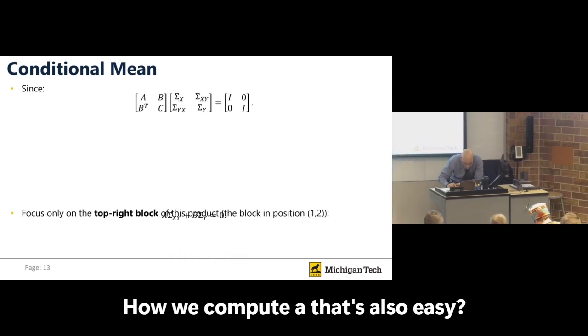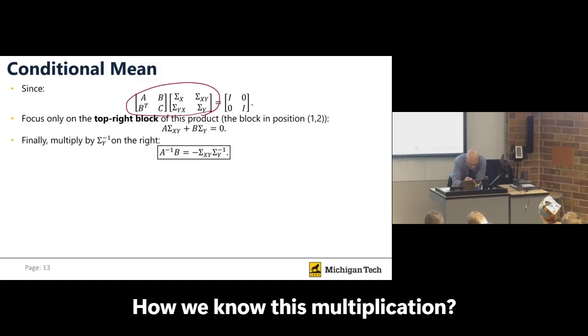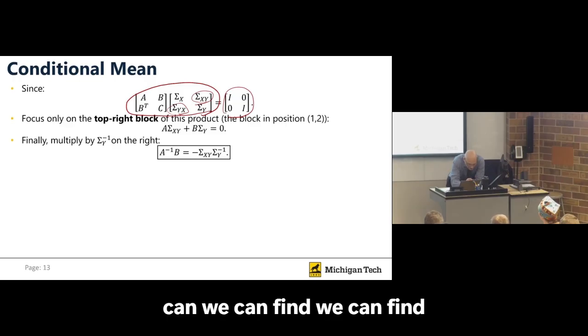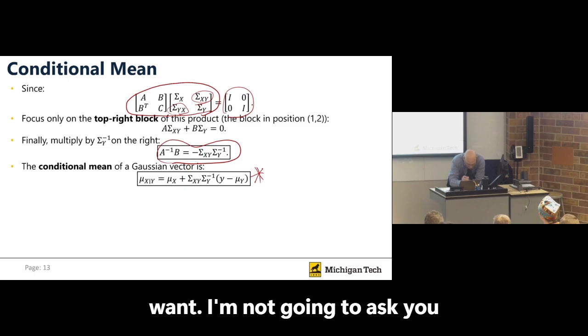How we compute a, that's also easy. We know this multiplication is like that. And as far as there is no correlation between y and x, we can find this as well. If we put that, this is the last formula.